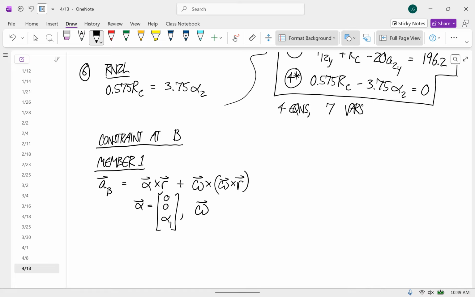Our omega is 0, even though it didn't say that. It should have. And our r vector, what's the definition of the r vector? The vector from the center of circular motion to the point of interest. Perfect. Yep. So this is 0.575, 0.482, 0.